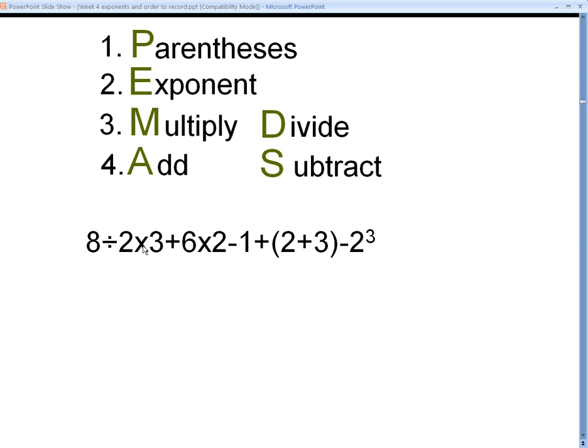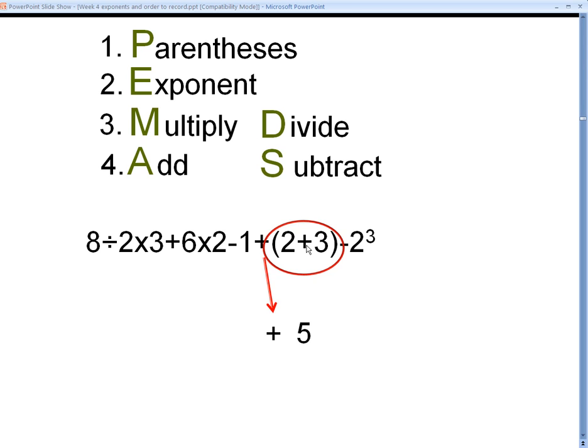Let's do a couple. So here's our PEMDAS, or please excuse my dear Aunt Sally. We have this big long problem. The first thing I'm going to do is find the parentheses. Here's a parenthesis right here. I'm going to do what's inside here first. This is 2 plus 3, so this now is going to become 5. I'm going to write that number down below it.